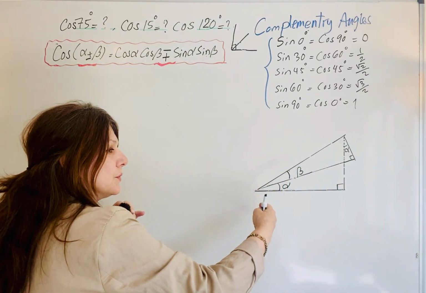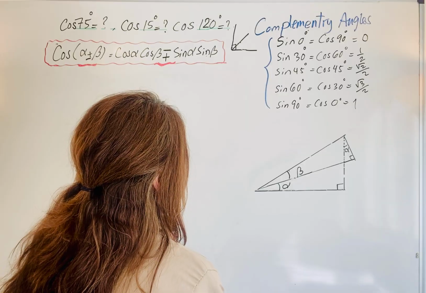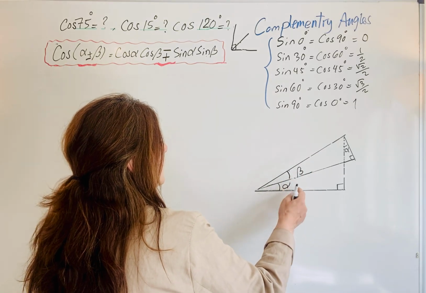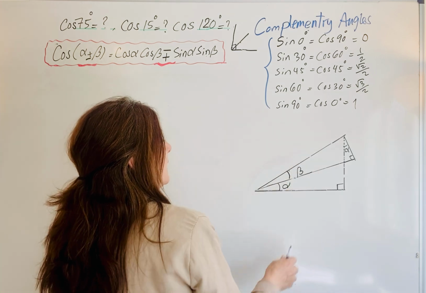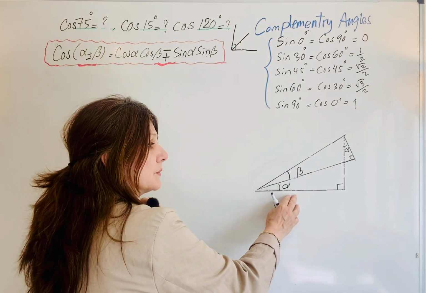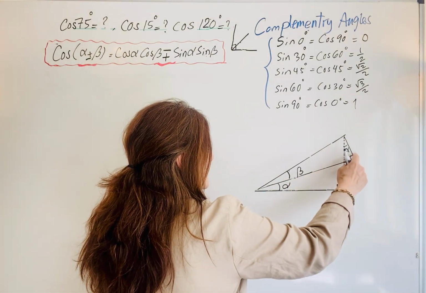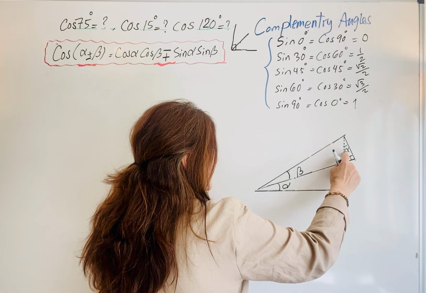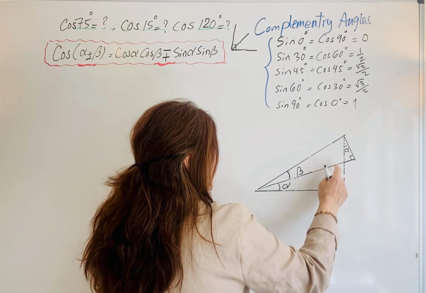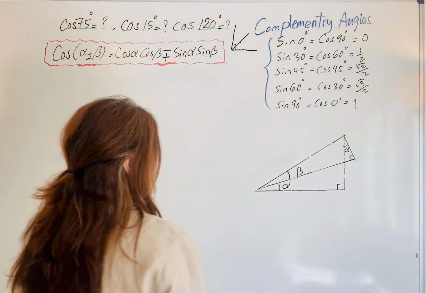But you need some algebraic operations to find the cosine of alpha plus beta. I'm not going to prove this one today. This is your homework. Just know that in this small right triangle, alpha is equal to this angle. That's why these two triangles are similar. By similarity, you can find many relationships.